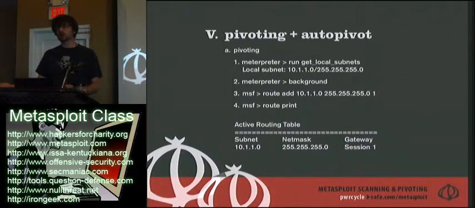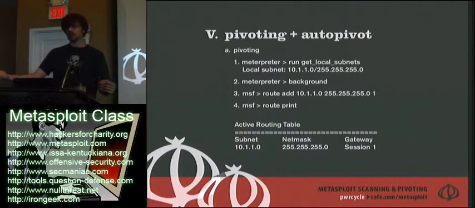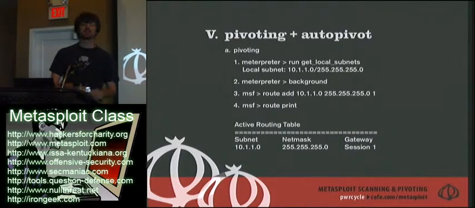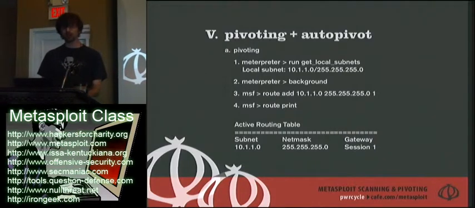Usually it's going to be some private IP address in a corporate environment. If you then background that session, go to your MSF console, and add a route for the new subnet that you just saw on the box you popped, then any scans you do on that internal subnet will be routed through the box you already have.